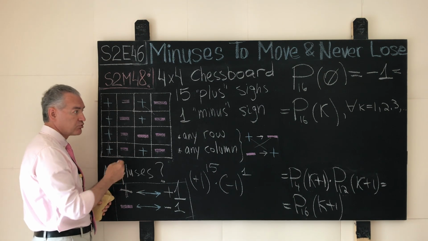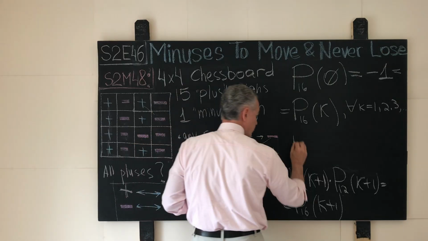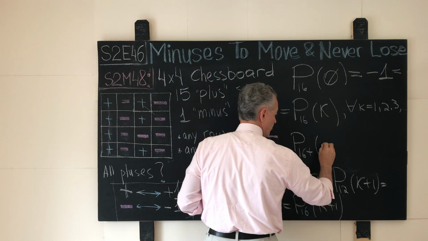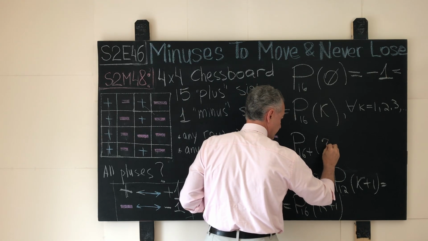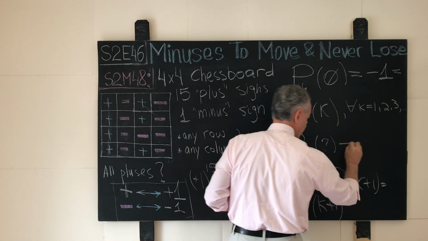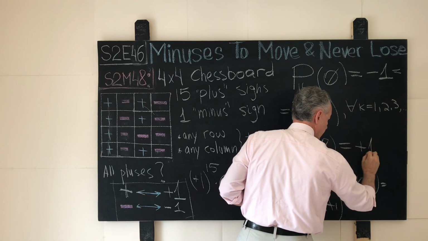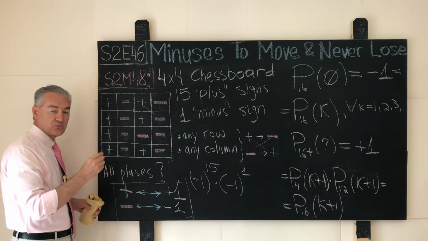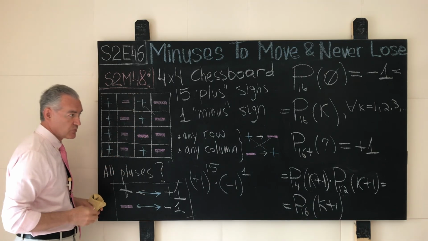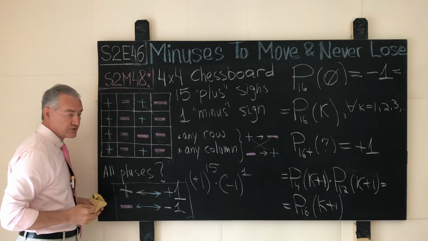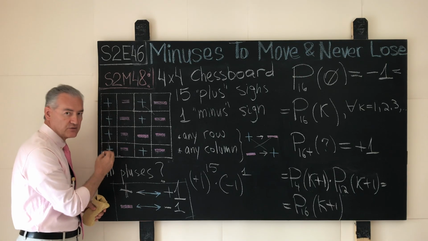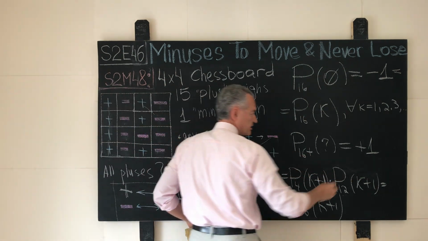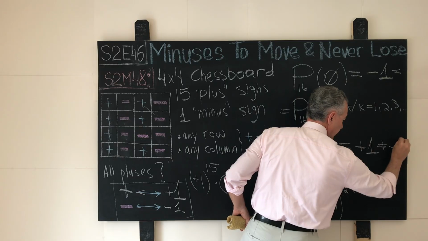Well, in that case, the product of all 16 pluses on the board after some mysterious number of transformations is supposed to be what? Supposed to be plus 1, because plus 1 raised to the 16th power is still plus 1. So the product of all the numbers on the board in the required configuration must be plus 1, but plus 1 is not equal to negative 1.